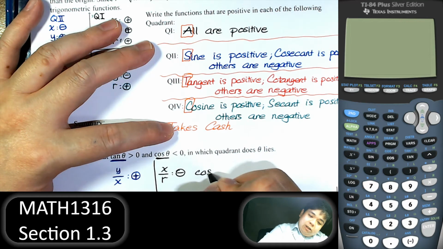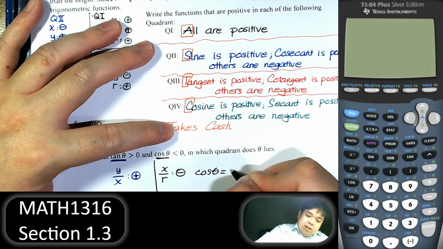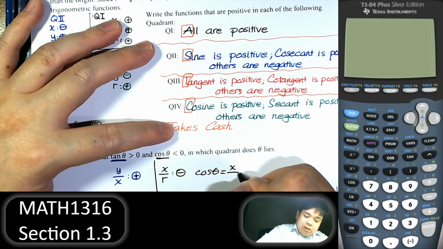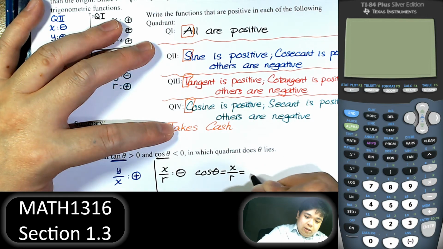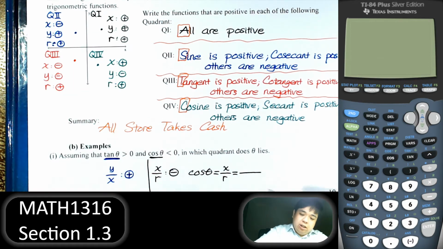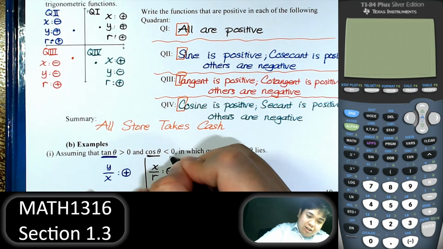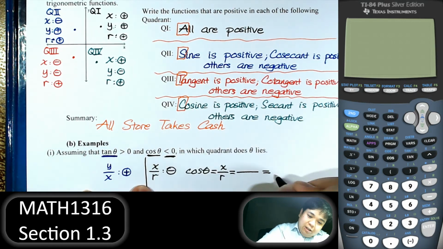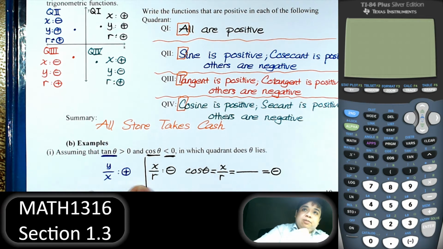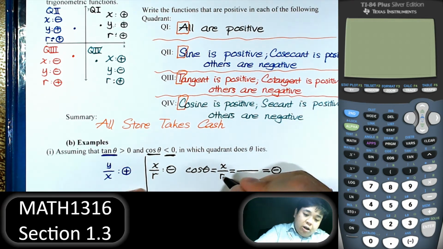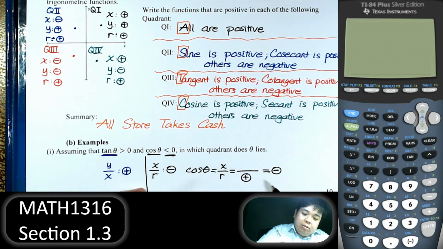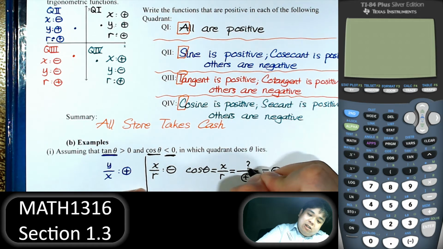So I will base it on cosine, which is equal to x over r. We know for sure this has to be negative. r is always positive because we define r to be positive. Then what is x?